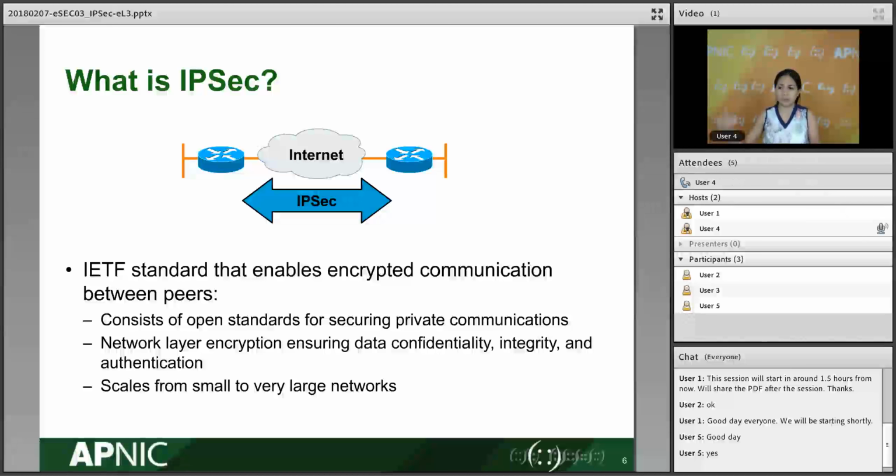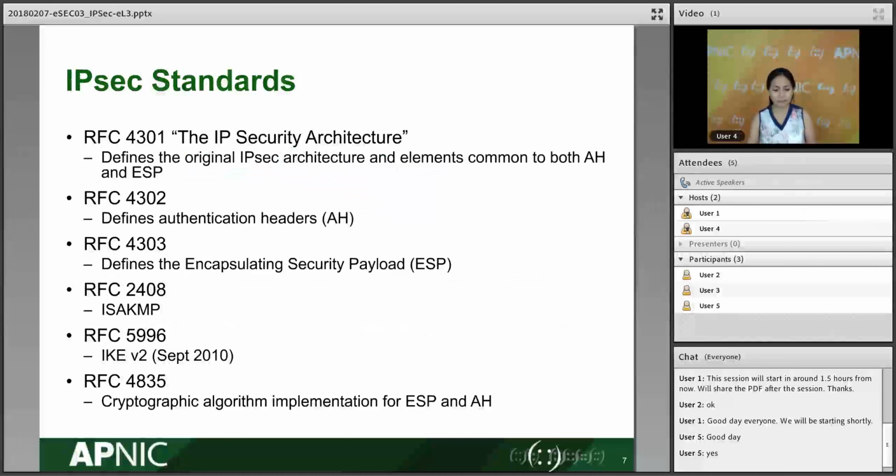In some cases, even the information that you have to add can be defaulted, especially if it's between the same devices. So it can work on small networks, but very large networks also usually rely on IPsec, particularly telcos and operators who have many clients, corporate networks that are part of the ISPs they serve. So it can cater for very large networks.